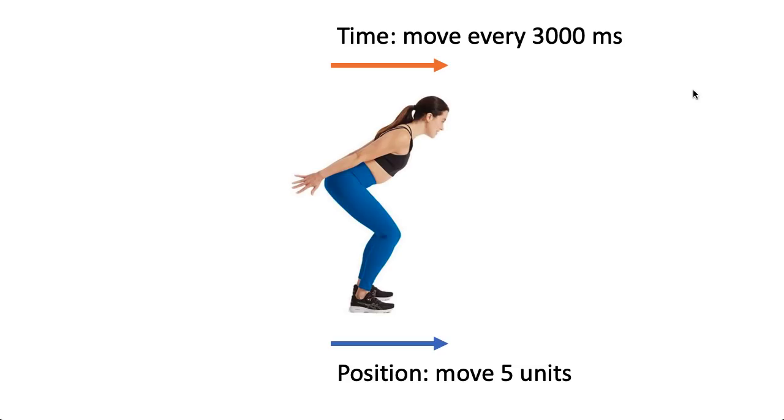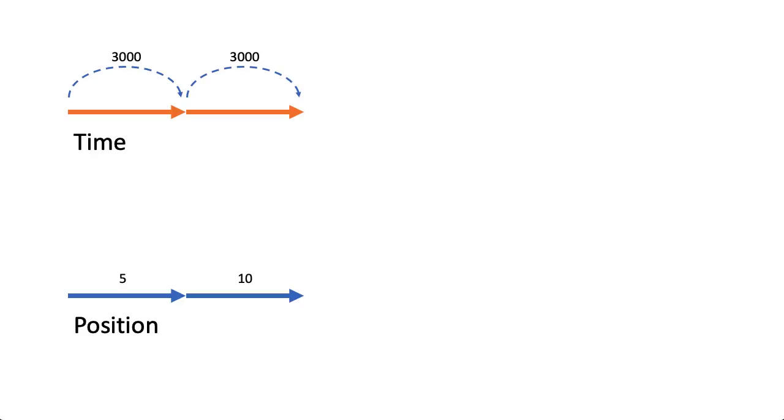So, to be more specific when it comes to the type of examples that we're considering within the code, let's consider the case where we're firing every 3000 milliseconds and that we're moving forward every time 5 units. So if you think about a spectrum of motion and also of time, we would have the following. 3000 milliseconds elapse, we move by 5.